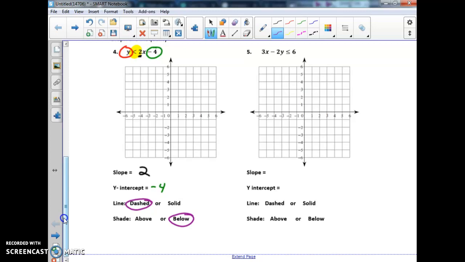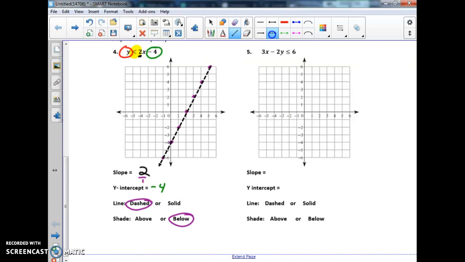So I'm going to start at my 0, 0, go down the y-axis. -4, that's my y-intercept, and then I'm going to use my slope. Think of it as 2/1. So I'm going to rise 2, run 1, rise 2, run 1. I can keep repeating that, but I only need 2 points really. But I'm going to connect these with a dashed line because it's not equal to, it's dashed. Okay, so again, do your best to make a dashed line.